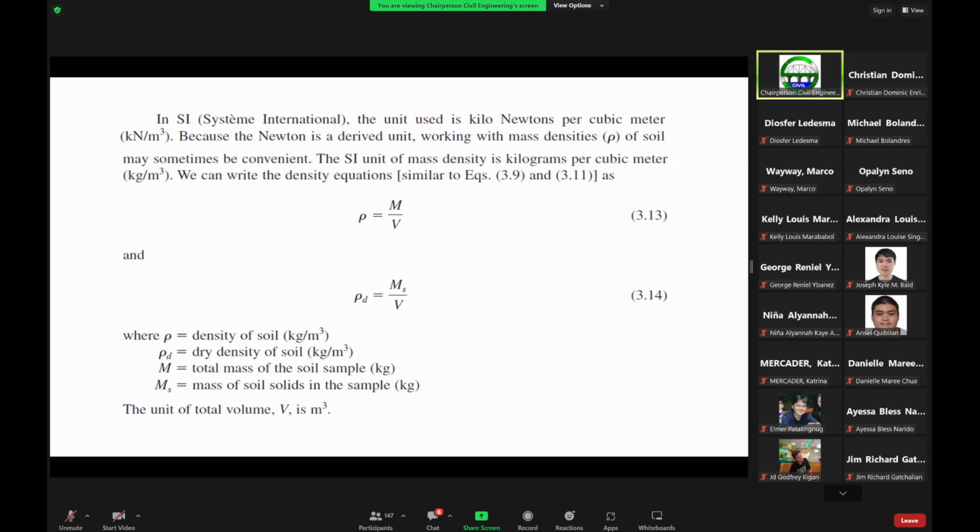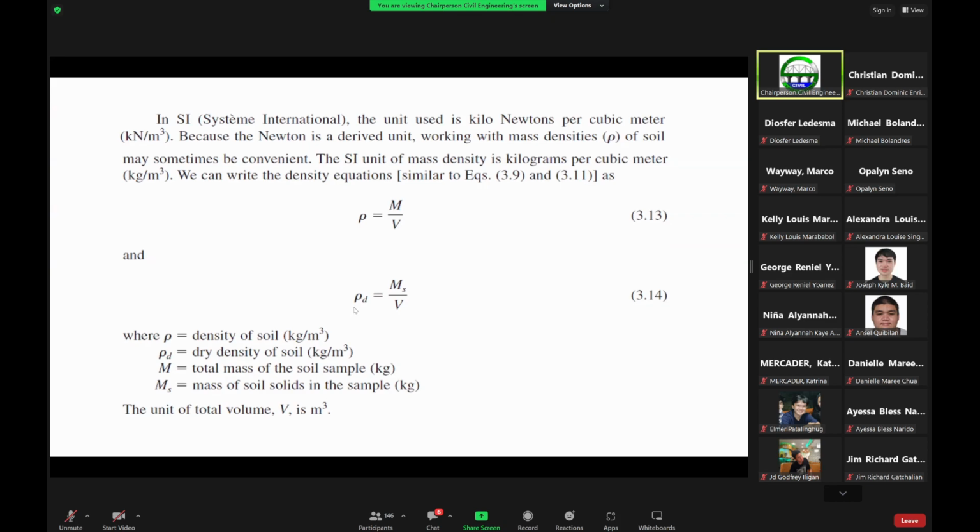The SI unit of mass density is kilograms per cubic meter, wherein the mass density rho is the mass of the soil divided by the volume of the soil. If it is unit weight, then this is the weight of the soil, weight over volume.